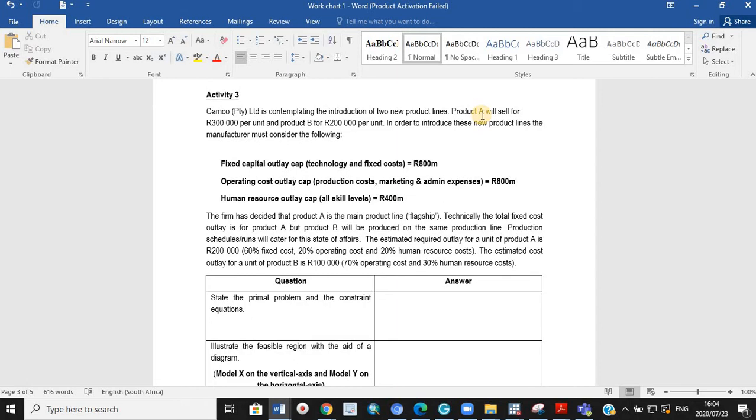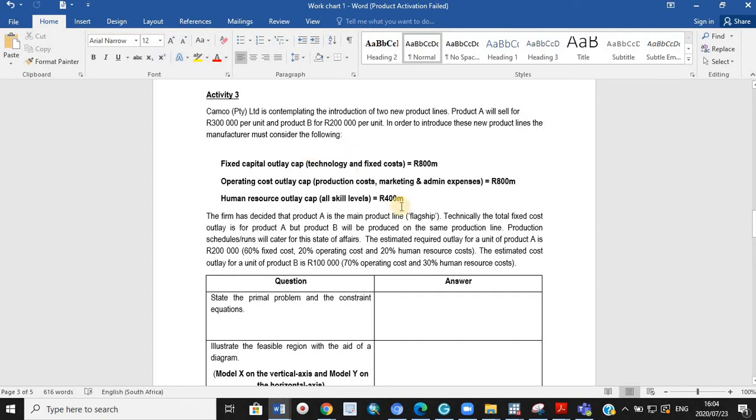Okay. Product A will sell for 300,000 rands per unit, and product B for 200,000 per unit.